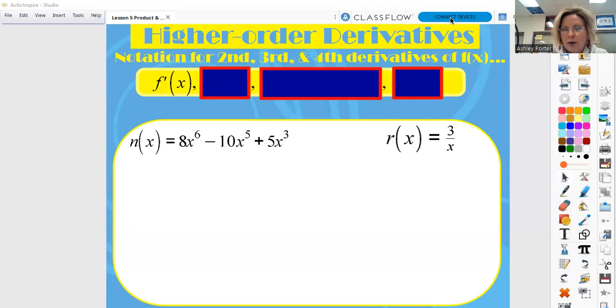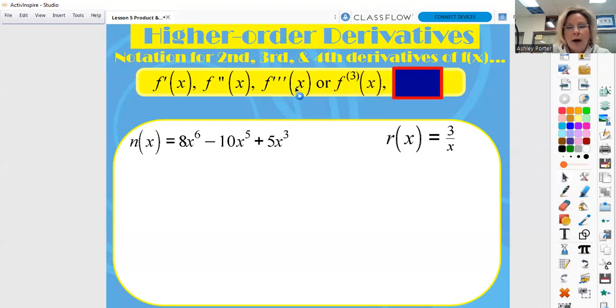So not just the first derivative, which we show as f prime of x, if we're talking about the derivative of f of x, but the second derivative, f double prime of x, the third derivative, f triple prime of x, or you'll begin to see, because it gets a little hard to read when you have all those little tick marks up there, f to the third of x, but if it's in parentheses, it doesn't mean to the third power. It's saying third derivative. So the fourth derivative would be f to the fourth in parentheses of x.